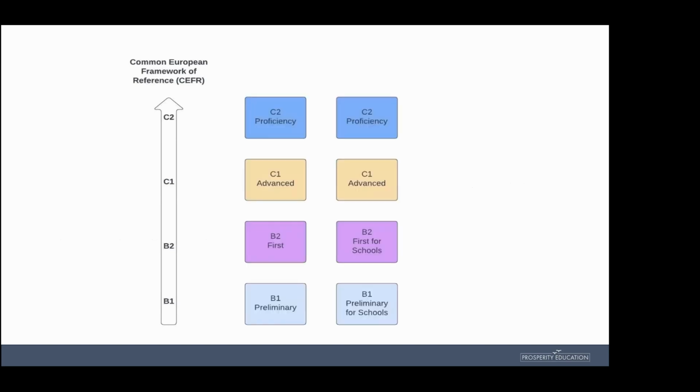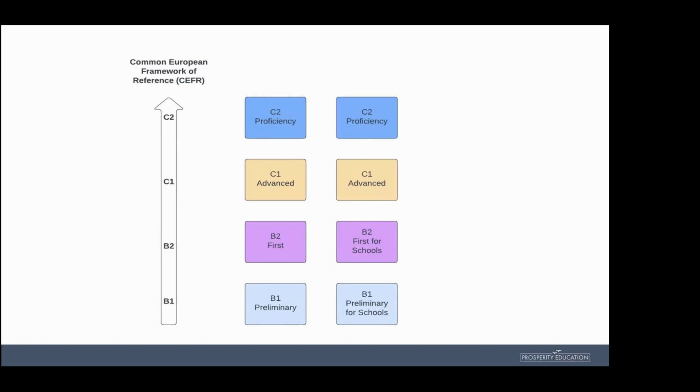So, of course, they need to be interpreted according to the CEF level that's being assessed. The 4 levels we focus on in the Cambridge Masterclass writing books are these, from B1 up to C2. Of course, Cambridge does offer a test for A2, the key English test, but we're starting from B1. At B1 and B2, you'll notice there are 2 versions of the test. There's the standard version and then a for schools version.